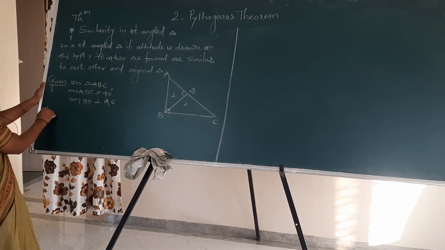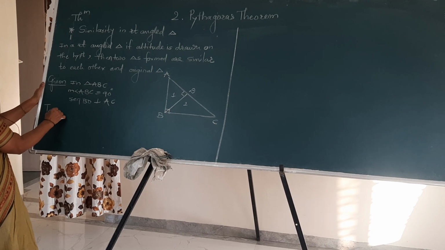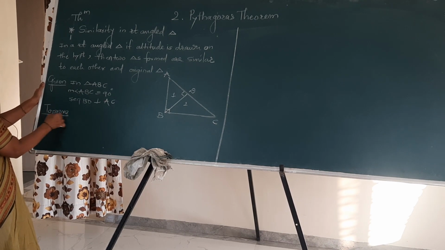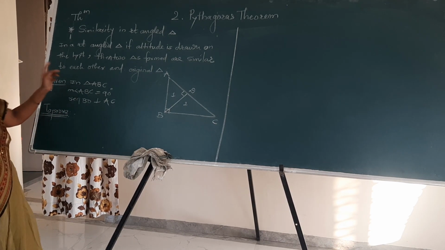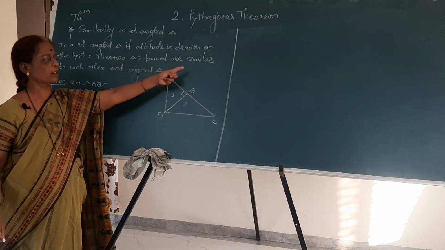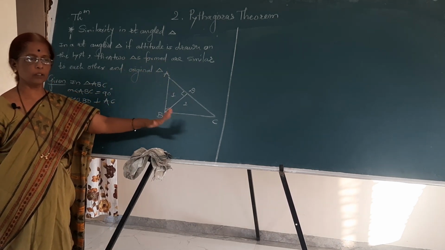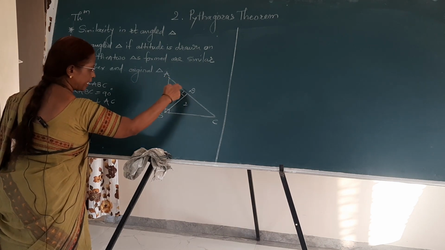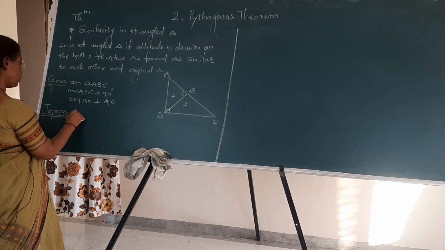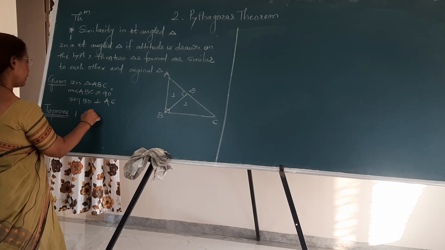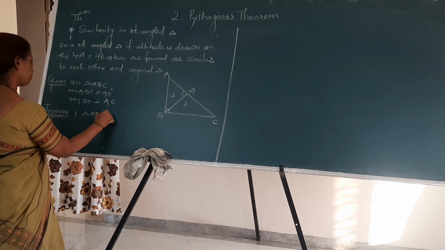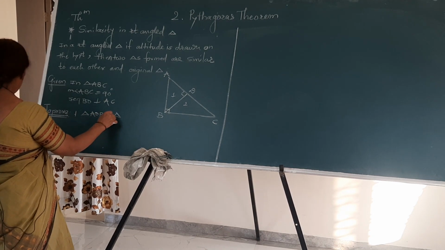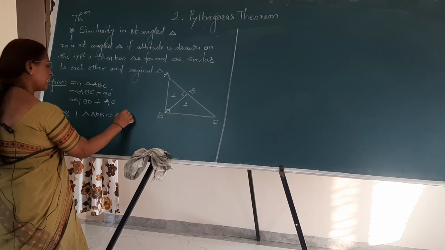Now what we have to prove? That is to prove, what we have to show. These two triangles are similar to each other and they are similar to the original one. Means first, triangle ADB is similar to triangle ABC.